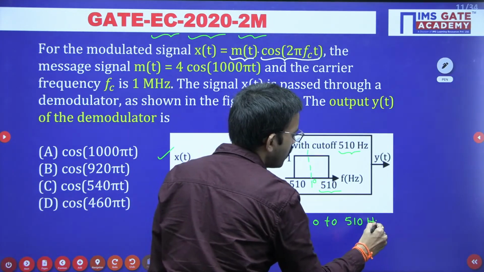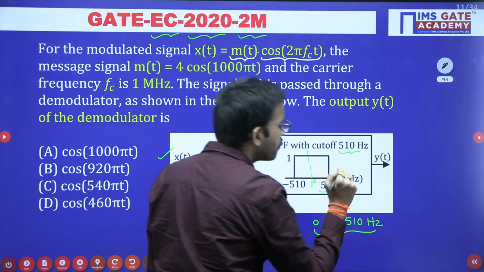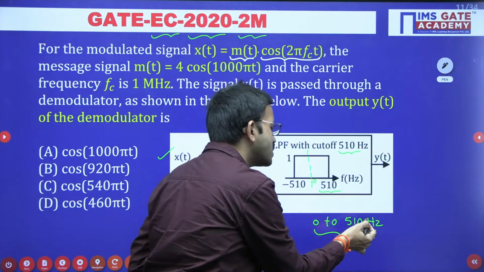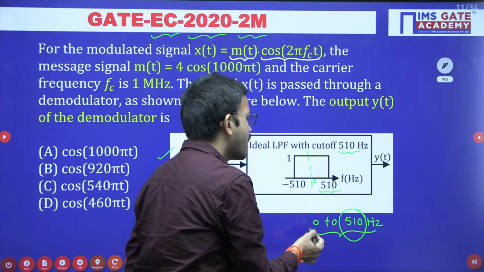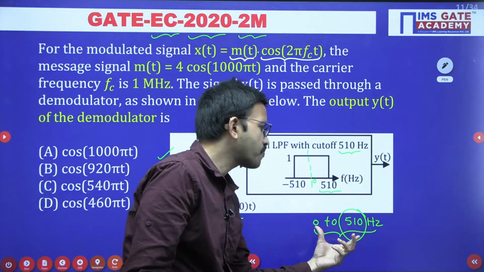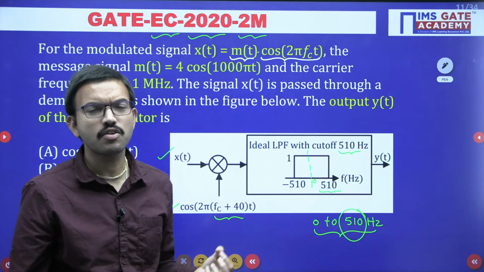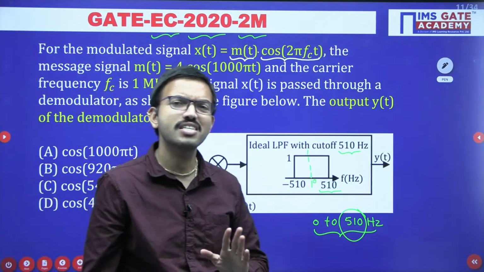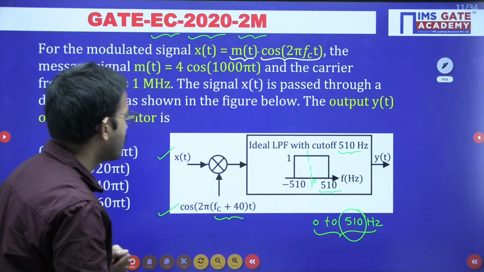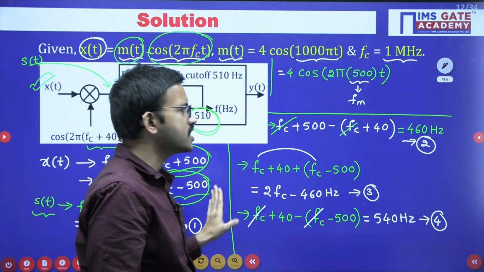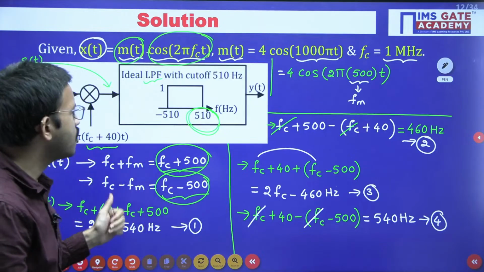It will pass only the low pass frequencies. The highest frequency that it can pass is 510 Hz and the lowest frequency is 0. Within this range, whatever frequencies you have, only those it will pass, and the remaining frequencies it will reject. Now with this understanding, can you observe among all the 4 frequencies, which frequency the low pass filter is allowing?